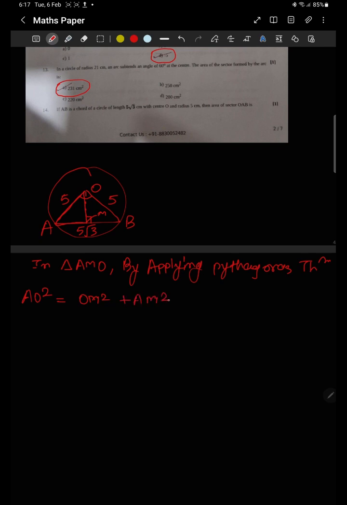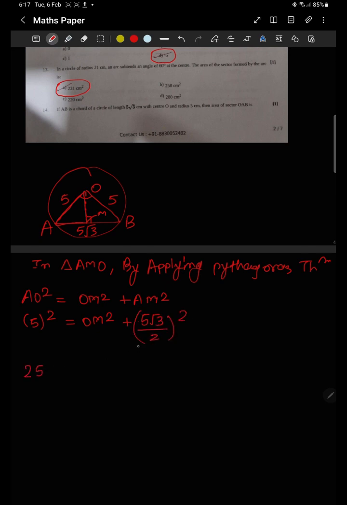If I assume this point as M, then in triangle AMO, by applying Pythagoras theorem, AO square, hypotenuse square, is equal to OM square plus AM square. So my AO is nothing but 5 square. OM I have to find out. AM is nothing but the bracket 5 root 3 by 2 squared.